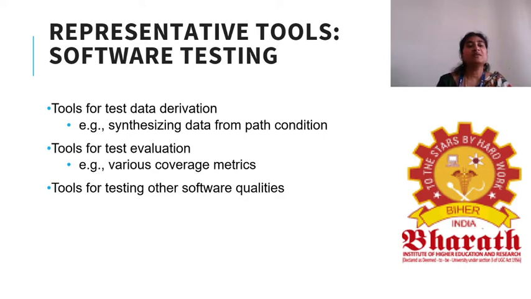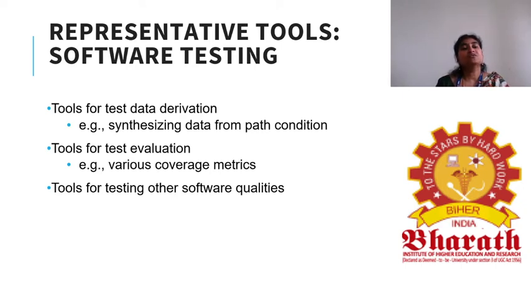So we will have tools for test evaluation: whether 100 percent testing has been completed over the software, whether all kinds of testing, module testing, integration testing, and every other kind of testing have been performed, whether all the statements present in the software have been covered, and whether all the loops involved in the software have been covered. Different coverage metrics are followed, and using those we can evaluate the testing.